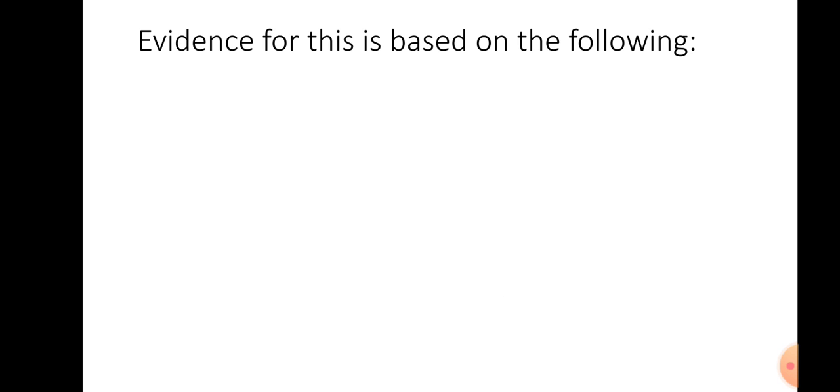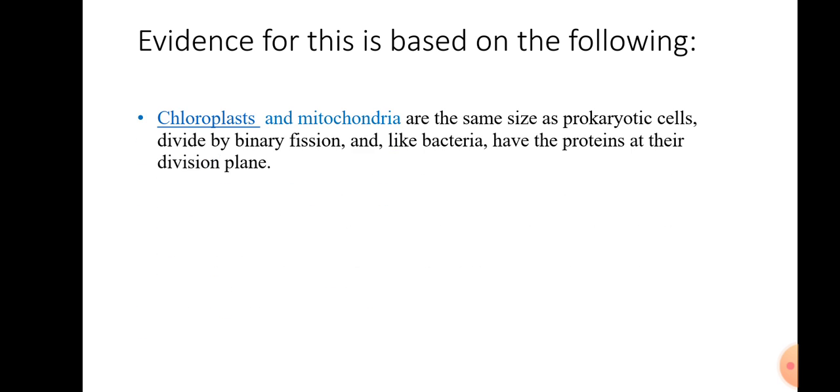Let me look at the evidence for this theory. Evidence number one: chloroplasts and mitochondria are the same size as prokaryotic cells and divide by binary fission, unlike bacteria, having the protein at their division plate. This is the first evidence of this theory.